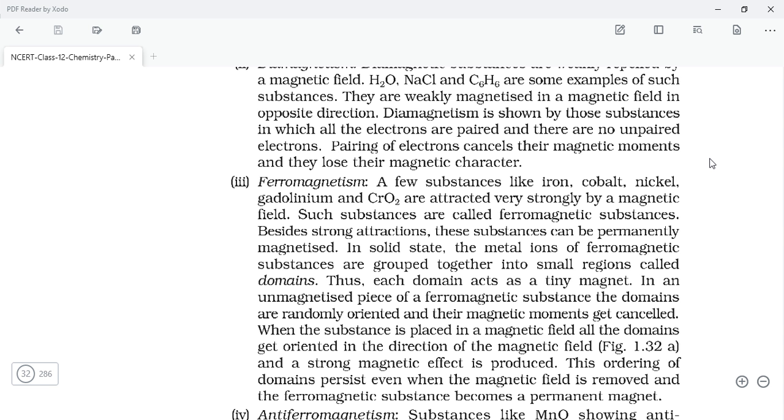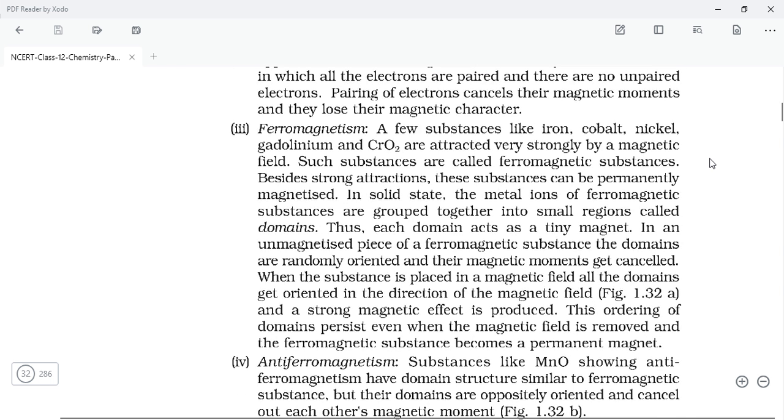The domains are randomly oriented and their magnetic moments get cancelled. When the substance is placed in a magnetic field, all the domains get oriented in the direction of the magnetic field, and a strong magnetic effect is produced. This ordering of domains persists even when the magnetic field is removed and the ferromagnetic substance becomes a permanent magnet.